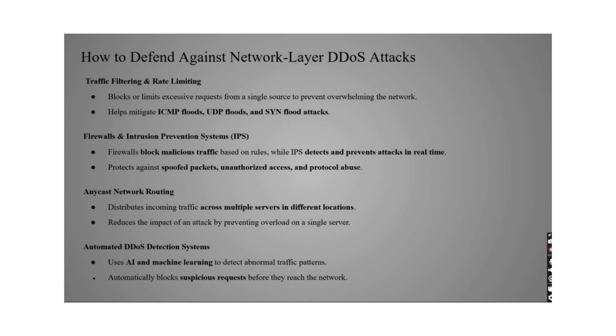For example, a bank's online platform uses AI-based security that detects sudden spikes in login requests from unusual locations. If an attack is detected, the system immediately blocks the suspicious request, keeping the user safe. By implementing these defensive measures, organizations can mitigate DDoS attacks, ensuring network stability and service continuity.